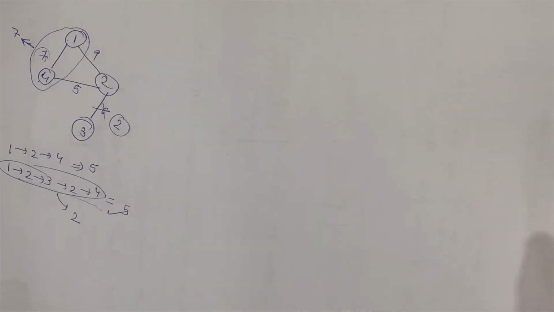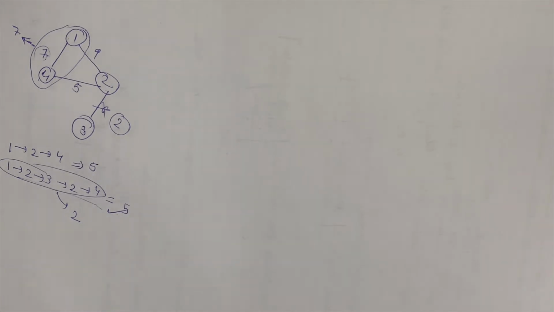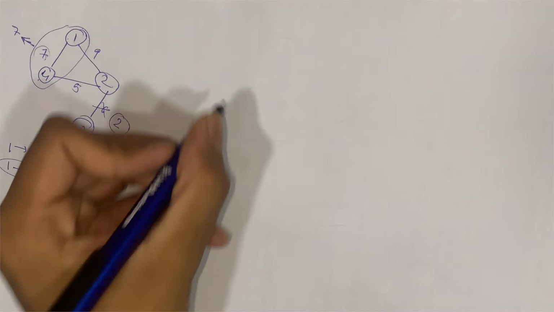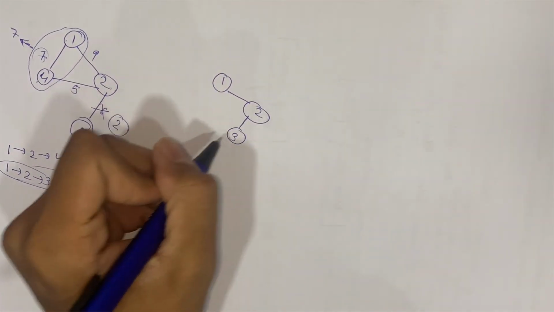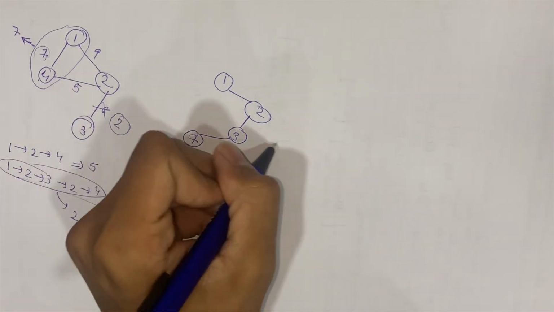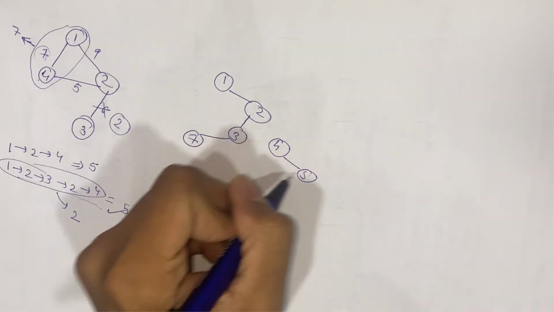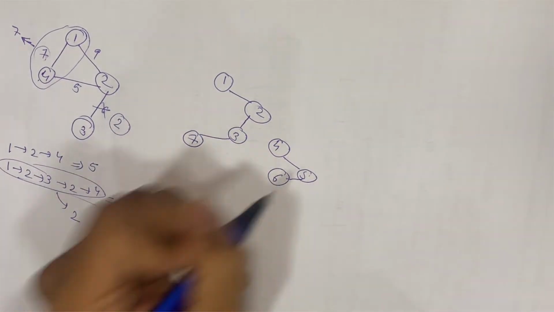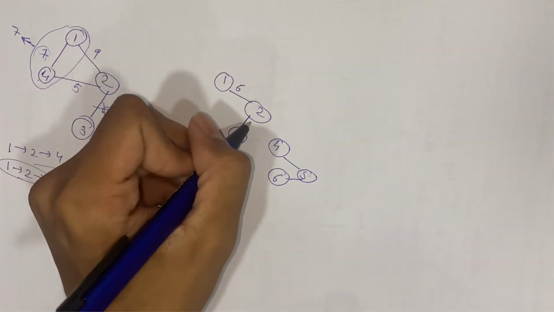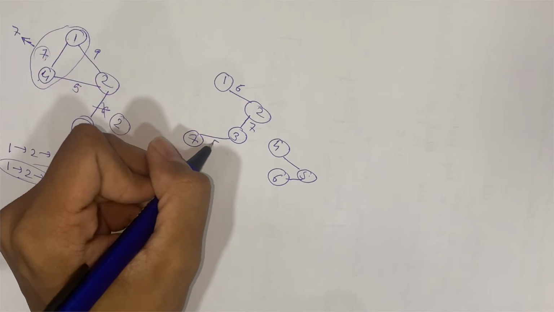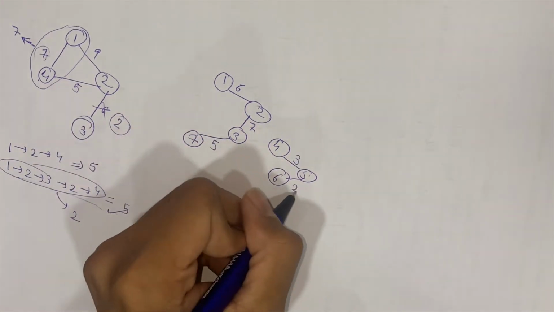So now there was one point in this question that the graph may not necessarily be connected. That means if we have some graph like this, let's say 1 to 2 to 3 to 7 and 4, 5, 6. Okay, we have this graph. Let's say I number the distances 6, 7, 5, 3, 2.